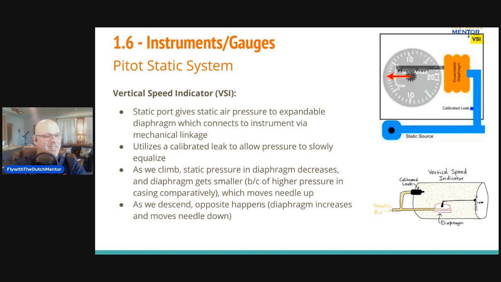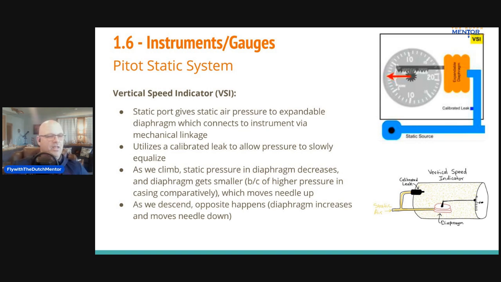Same thing if you start descending and pressure increases, it will show the mechanical function that you are descending. So that's what happens, and it's all done with the diaphragm inside of the instrument connected to a mechanical output that you can look at on the front face to see if you're increasing or decreasing.